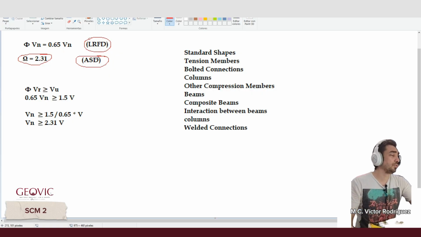If we compare the two, let's imagine this equation: phi V_n bigger than the ultimate shear load, for example.